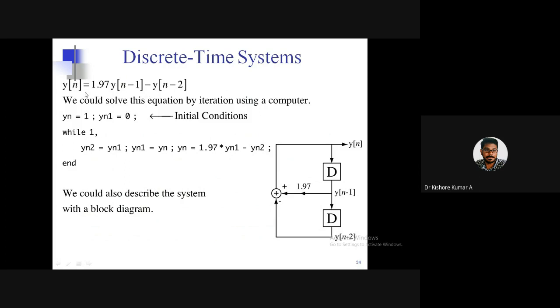So this is y of n: 1.97 y of n minus 1 obtained from here, and minus y of n minus 2. Y of n minus 2 is the second delay element output, and it has been minus. Finally you will get the equation. So in this manner we can represent the equation by means of block diagram representation.